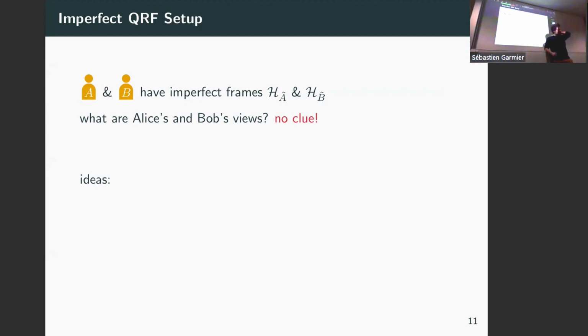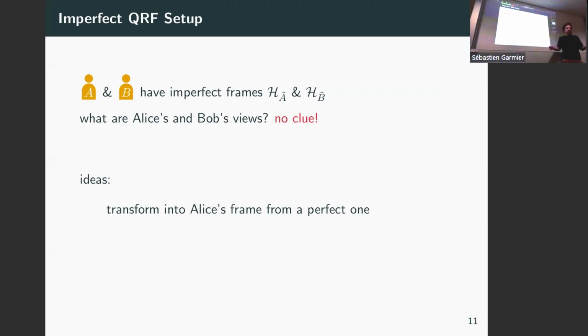And so there are actually two ideas that would then work together. Instead of starting in Alice's view, you can just, again, invent Charlie, say that he has a perfect frame, and then there we know how to set things up, and then go to Alice via some transformation. And on the way, you can also forget Charlie again, right? So really the underlying assumption here is that our framework should be compatible between perfect and imperfect frames.